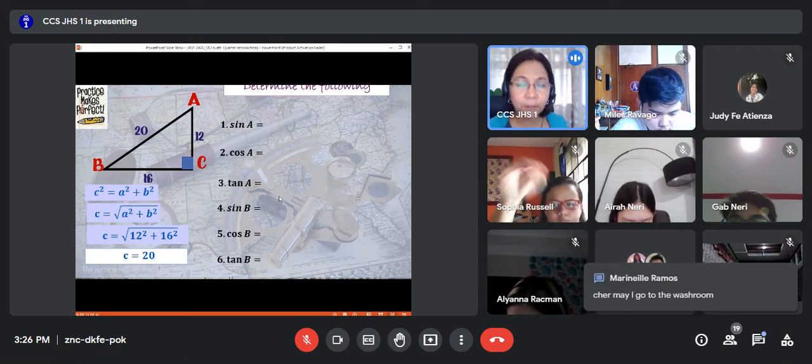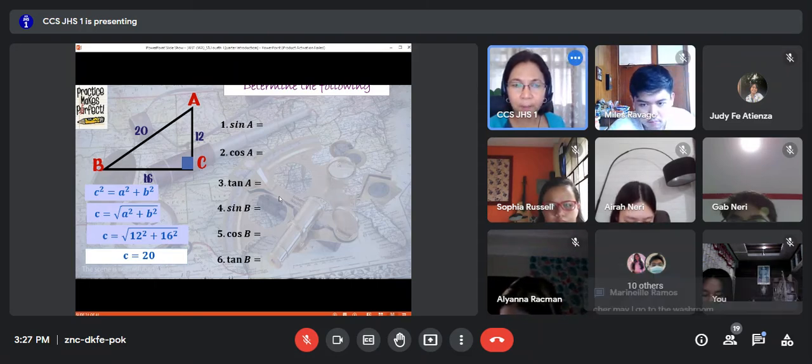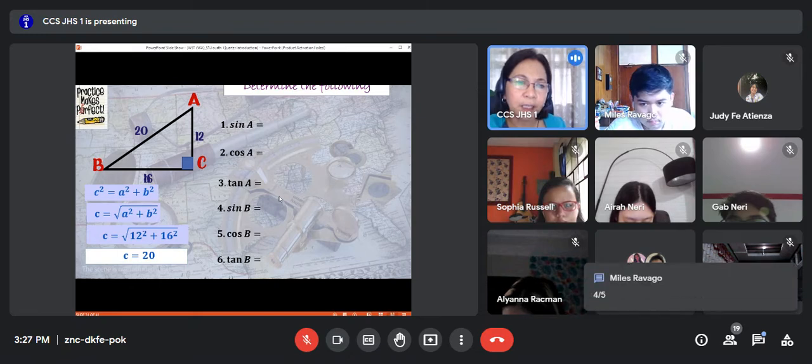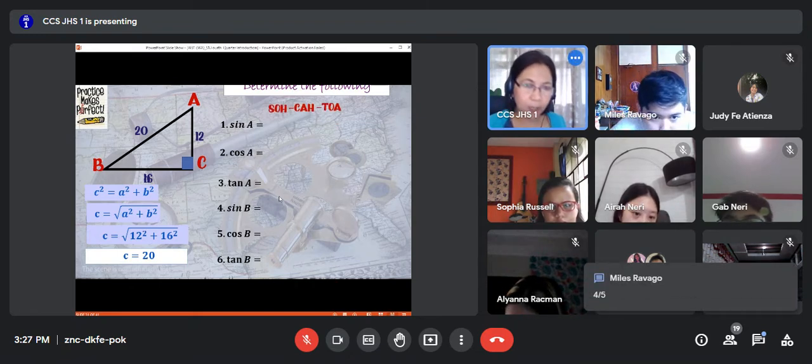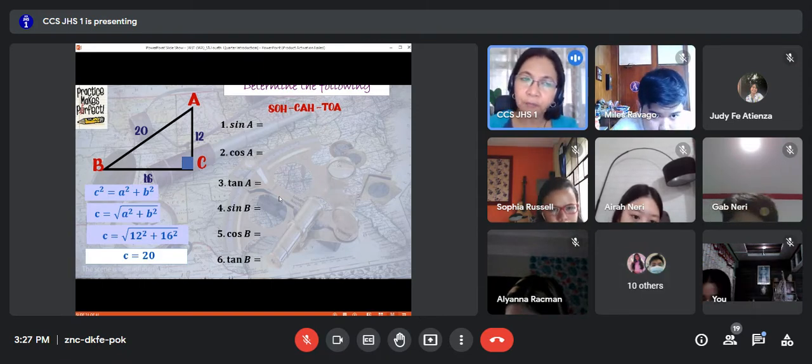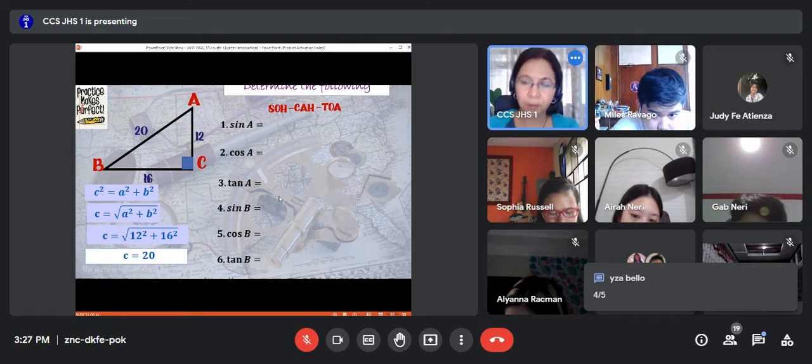So from there, okay, you may go, Marinelle. You can now determine what's the value of sine A. Okay, give me sine A from SOHCAHTOA. Sine A is opposite over hypotenuse, and you have to give the answer in lowest term. Okay, sine A is 4 over 5 or 16 over 20.